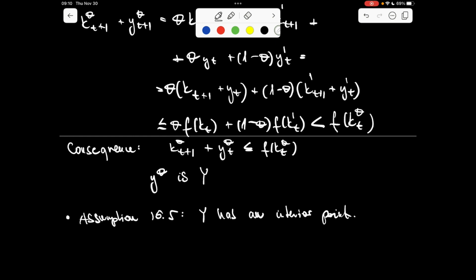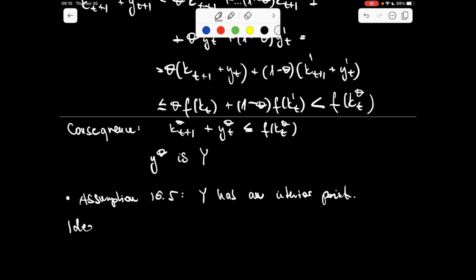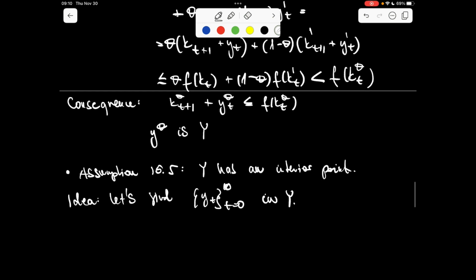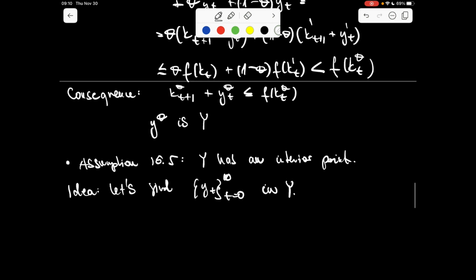The idea, let's find a path, a point in the production set, so we need a point of which we know that it is in the production set.